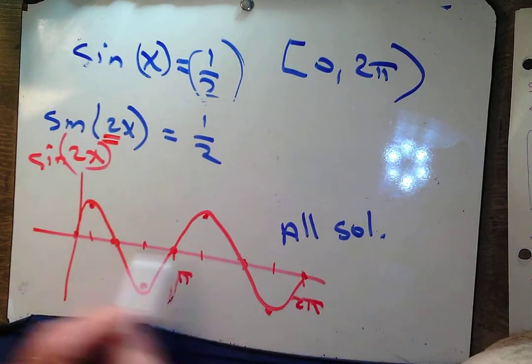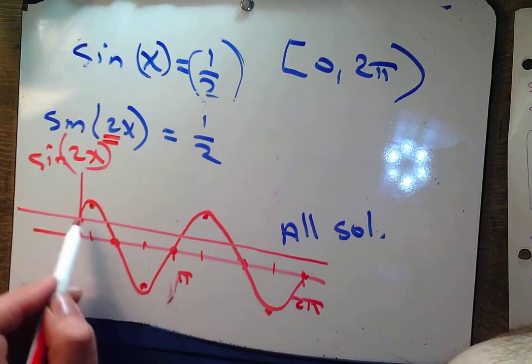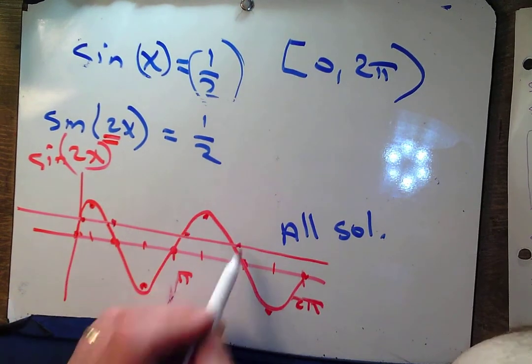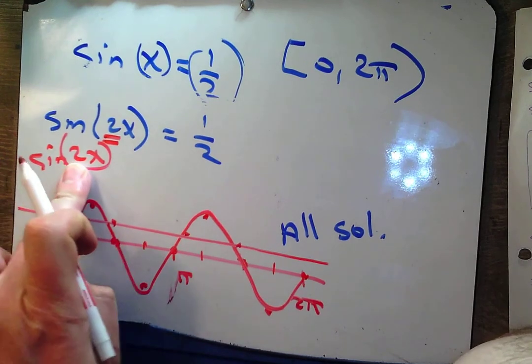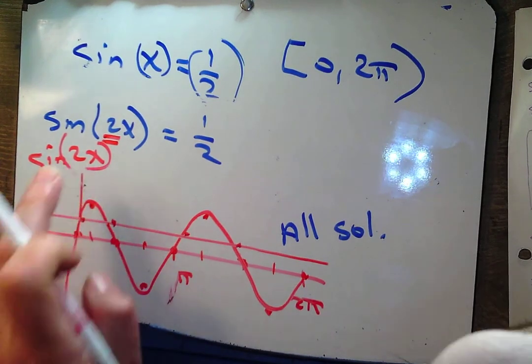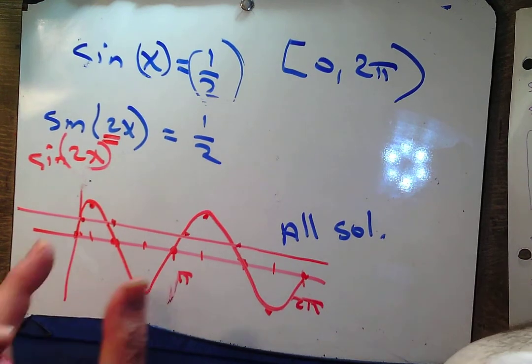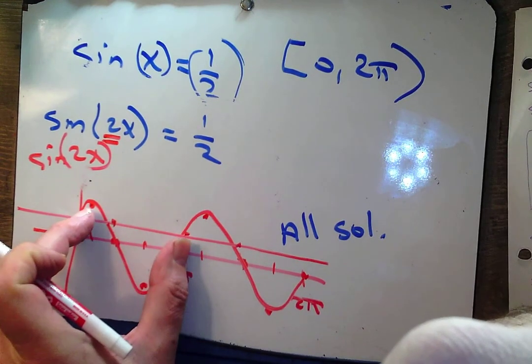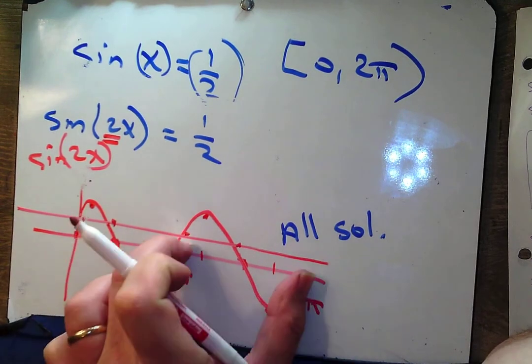And look what's happened. When I go from 0 to 2 pi, now instead of 2 solutions, I've got 4 solutions. This number, I'm compressing by a factor of 2.